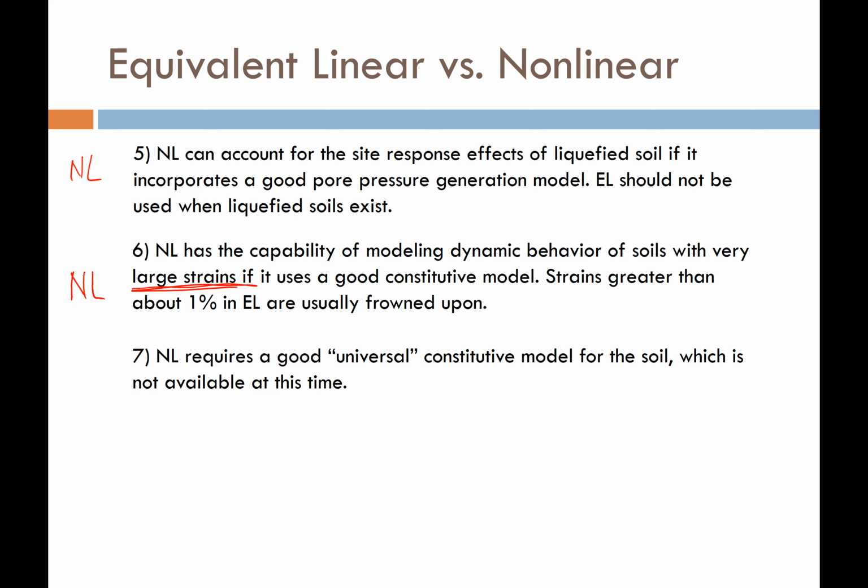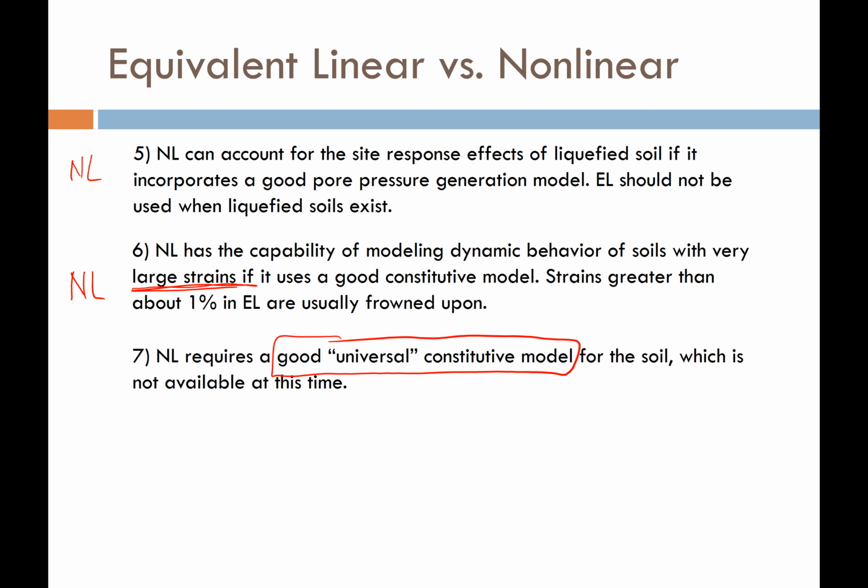Well, here we are in round 7. In order for nonlinear to have all of this good stuff, you need a good universal constitutive model for the soil that's reliable and predictable and that gives you good values for multiple types of soil.